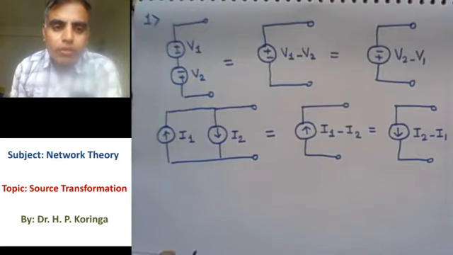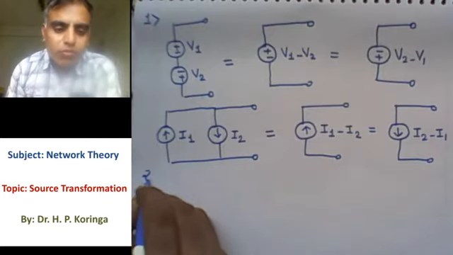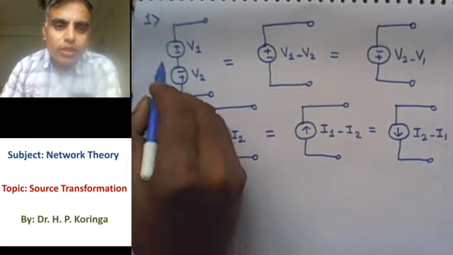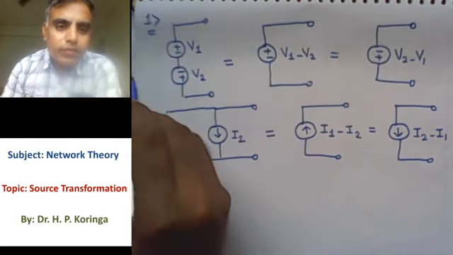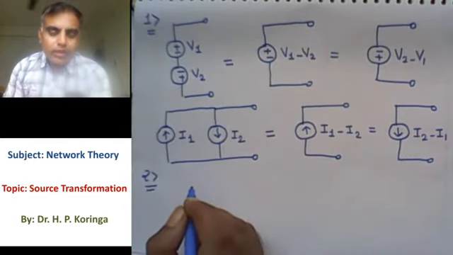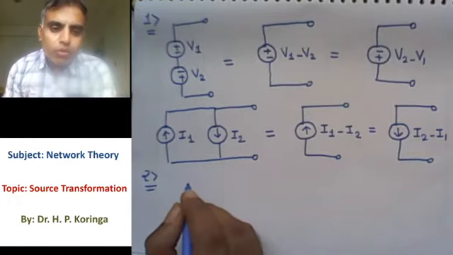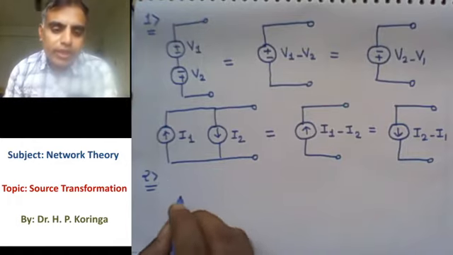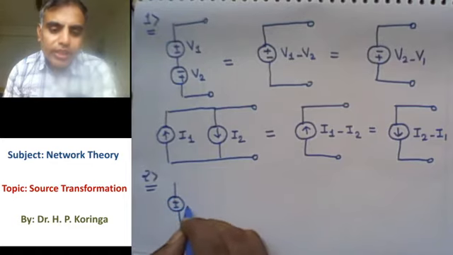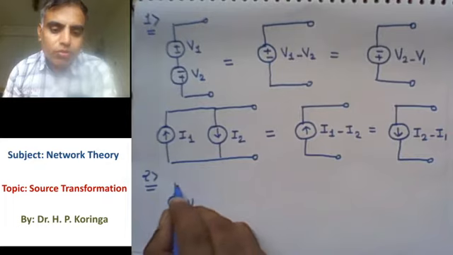Now the second rule in source transformation is: when two or more than two voltage sources of the same value are connected in parallel, they can be replaced by a single voltage source.